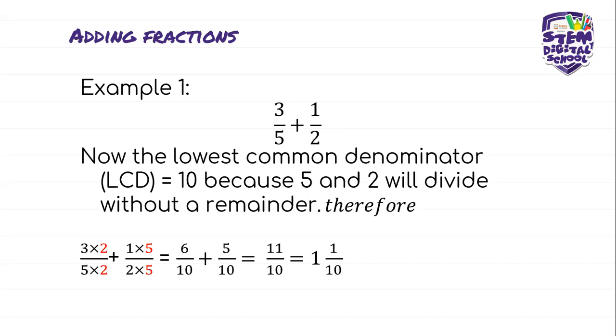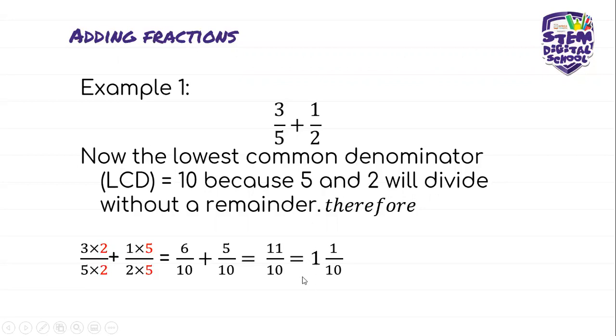So if the numerator is bigger than the denominator, you have to now simplify that and turn it into a mixed number. So how do we turn that into a mixed number? You say 10 goes how many times into 11? It goes once, so you write 1 there, because 10 goes once into 11.